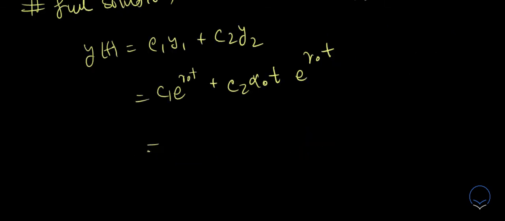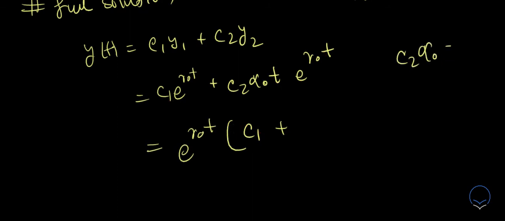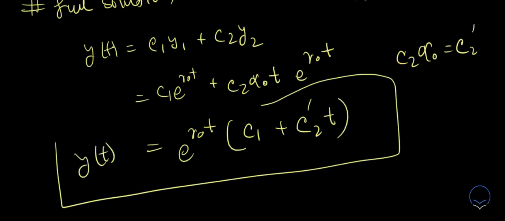Now you can factor out e to the power r0t. You can write this as c1, and this c2 alpha 0 can be rewritten as c2 prime, and there is t. So this is the most general solution whenever there is a repetition of roots for a second order ordinary differential equation with constant coefficients.